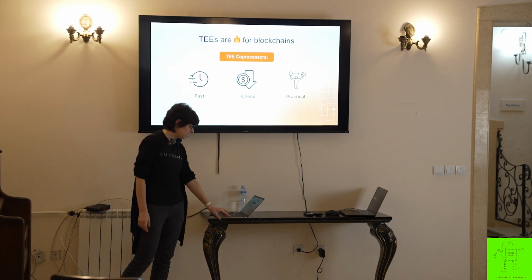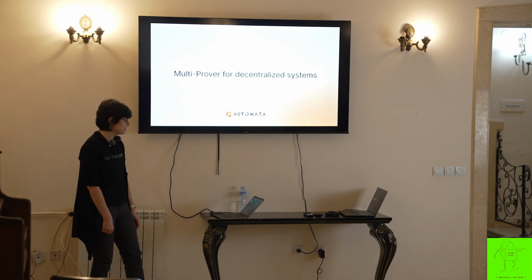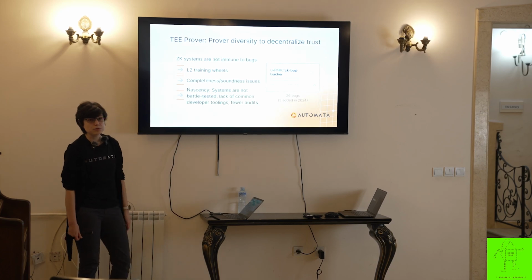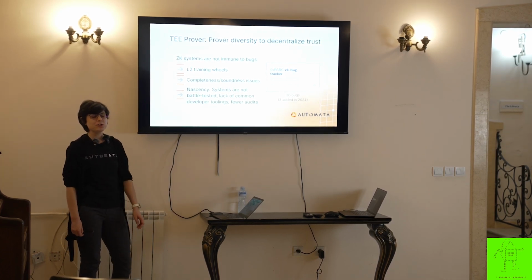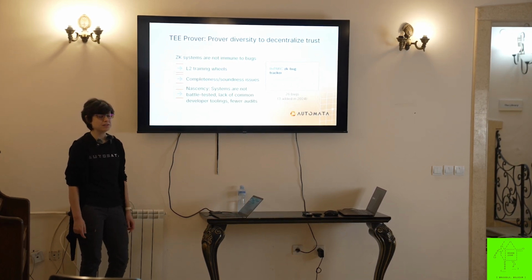So one way we use this TEE coprocessor is to implement multi-provers. In particular, we build a TEE prover for ZK-Rollups. Again, we go back to zero-knowledge systems being very complex and relying on advanced math.